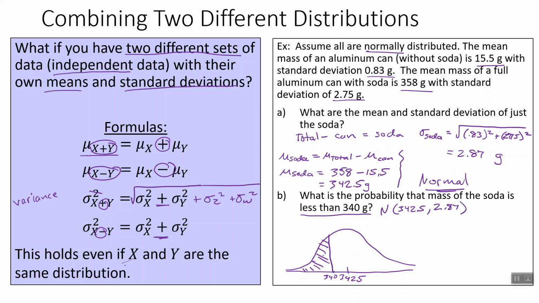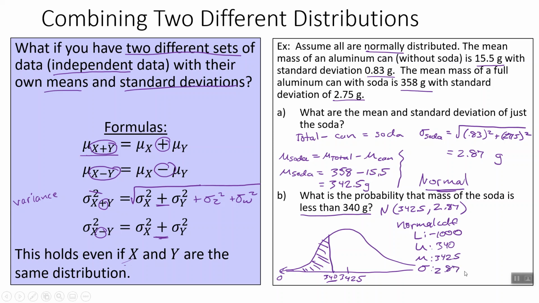2.87. If we want to find an area and we have an x value, then we're using normal CDF. To find area or probability is normal CDF. We need a lower bound, an upper bound, a mean, and a standard deviation. The lower bound, we're just going to pick some number way down here, 0, negative 1,000, whatever. Our upper bound is going to be this 340 where we want to stop. The mean we already said was 342.5. The standard deviation we already said was 2.87.